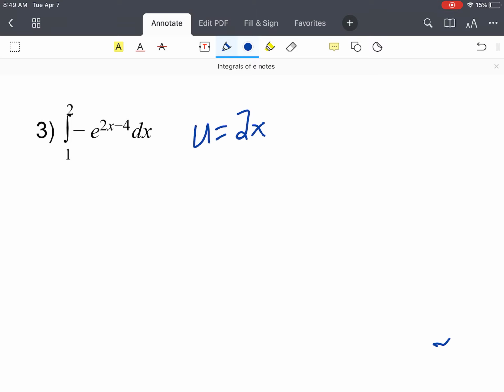Number 3. All right, so u is going to be 2x minus 4. Du then is going to be 2dx. So I've got a negative that I need to take out.